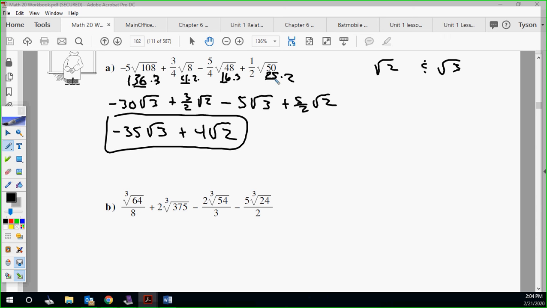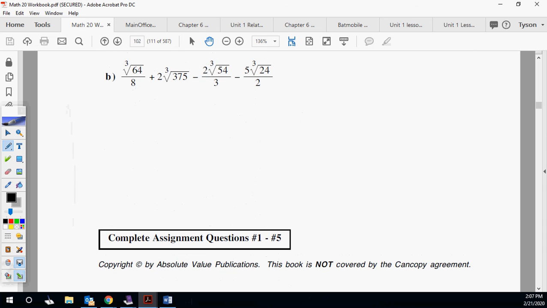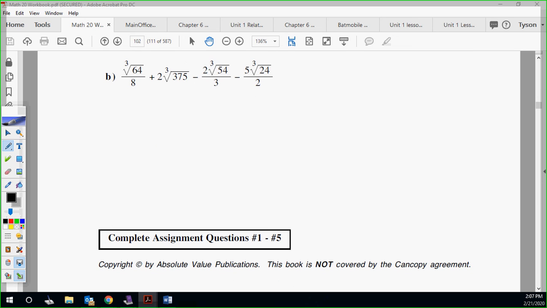Okay. All right. This one. So we got a cube root of 64. Well, that's nice because cube root of 64 is actually a whole number. That's just 4. Cube root of 375. So that's going to be broken down to 125 times 3.